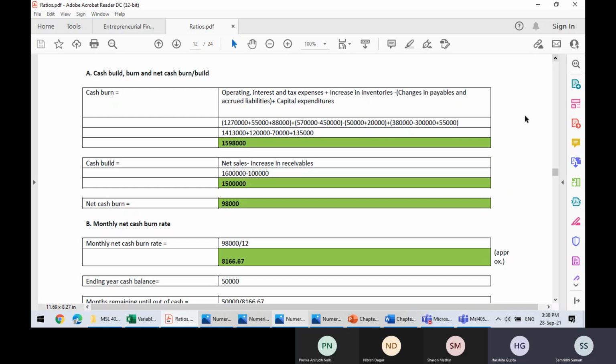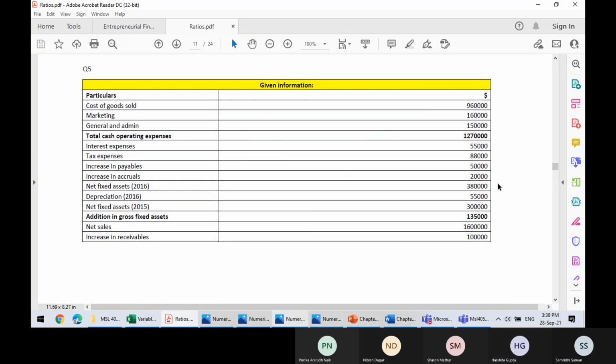ma'am, can you scroll down? Can you scroll back? Yeah, this part, right? So the total operating expenses is 12,70,000. Then interest expenses are 55,000 and tax expenses are 88,000.